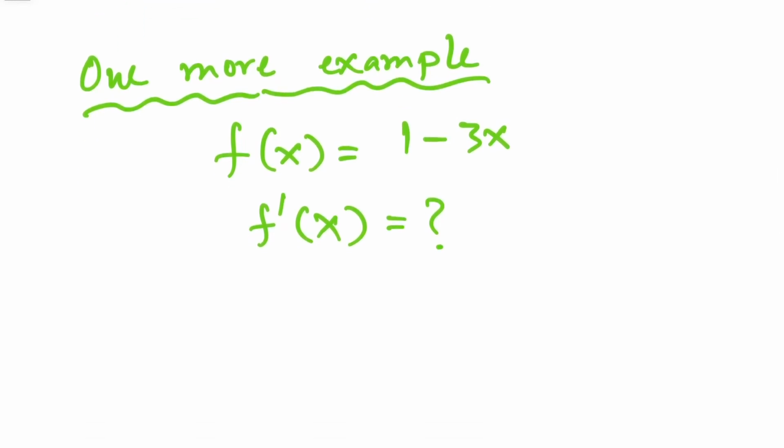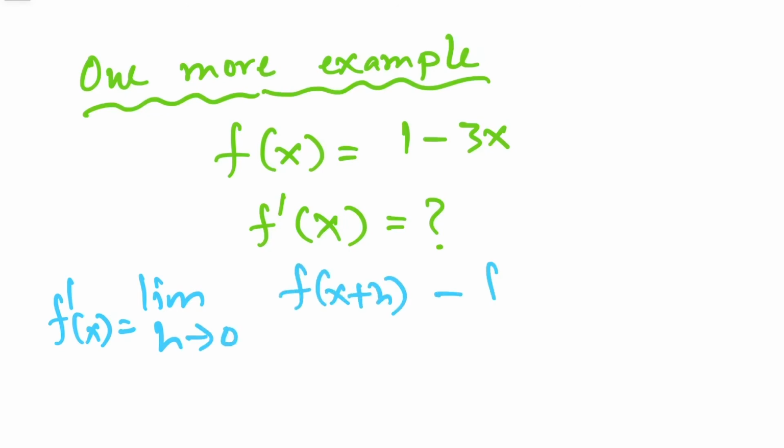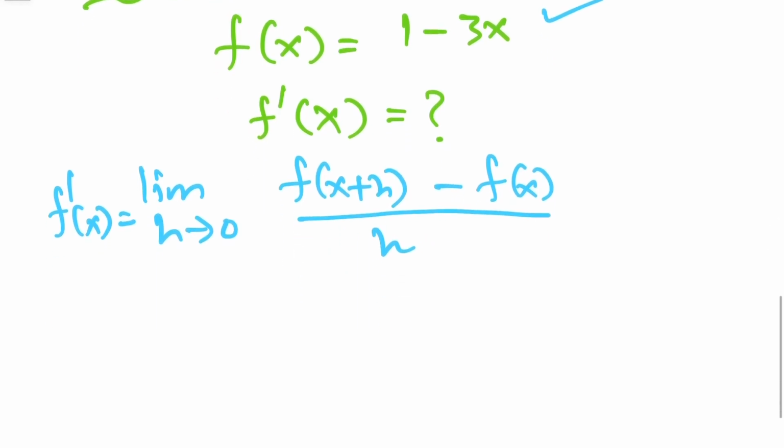Okay, so the limit definition of the derivative says f prime of x equal to limit as h approaches 0 f of x plus h minus f of x divided by h. Okay, so as you can see, f of x is already given. We need to find out f of x plus h, right? How can we find out f of x plus h?